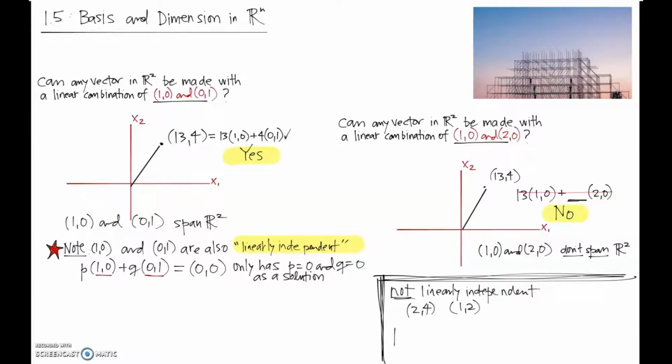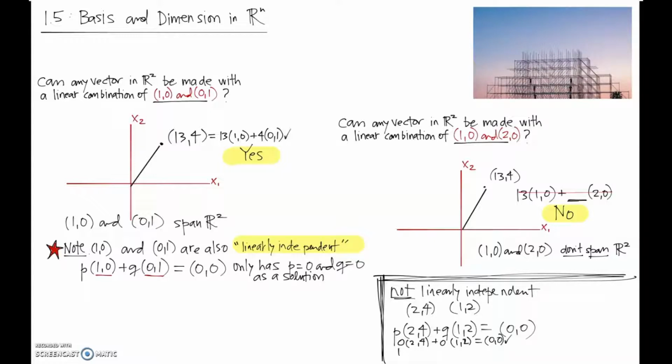And if we tried to have p times that first vector plus q times this second vector equaling 0, 0, it's definitely true that 0 times 2, 4 plus 0 times 1, 2 works. But there's another way to make that work.